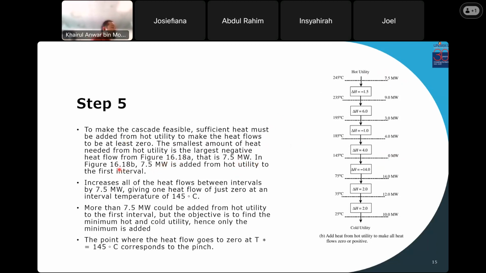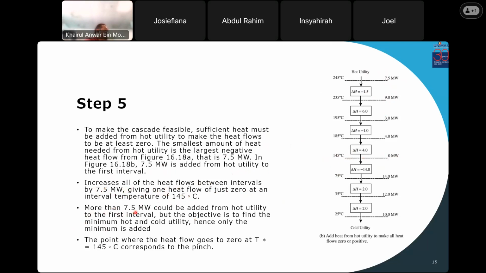In Figure 16.18b, 7.5 megawatt from hot utility to the first interval: 7.5 plus 1.5, so 9. So on here you put 0, 145. This increases all of the heat flows between intervals by 7.5, giving one heat flow of just 0 at an interval temperature of 145 degrees.